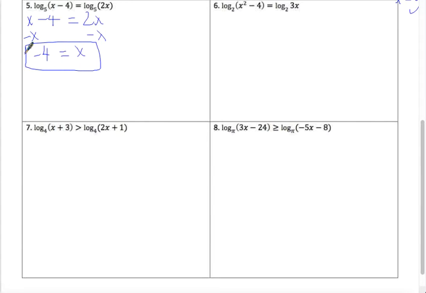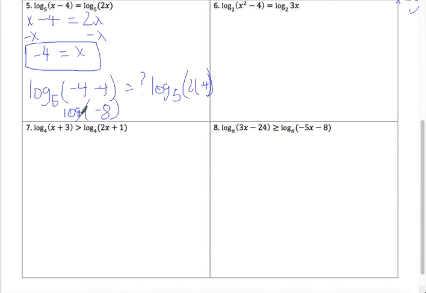Wrong. Because if we try to plug this number back in, does log base 5 of -4 minus 4 equal log base 5 of 2 times -4? And it doesn't, because this is log of -8, which does not exist.